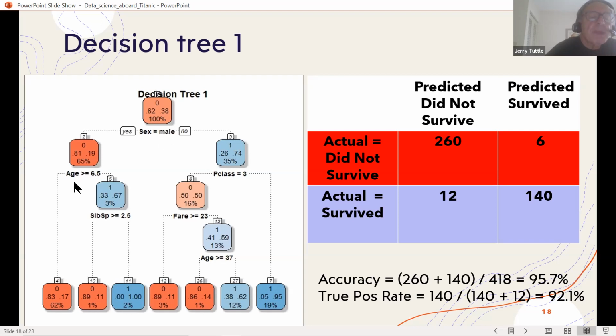Going down this path, it split by age, then by number of siblings and spouses, and that gets you to the next level, where it decided no more splits made any sense. Going in the other direction, it did not split by age, but by ticket class, then dollars of fare, and then age, and that gets you to the bottom.